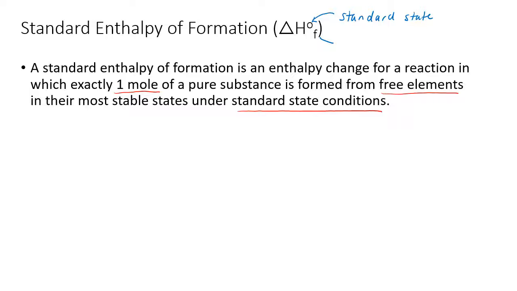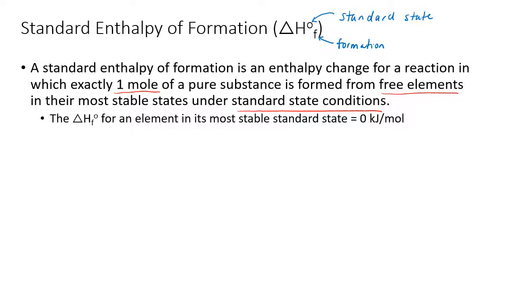The subscript F stands for formation, meaning we're forming 1 mole of that substance, whatever it is, from elements in their stable standard states. We'll look at a table in a second. The delta H for an element in its most stable standard state is assigned as 0 kilojoules per mole.